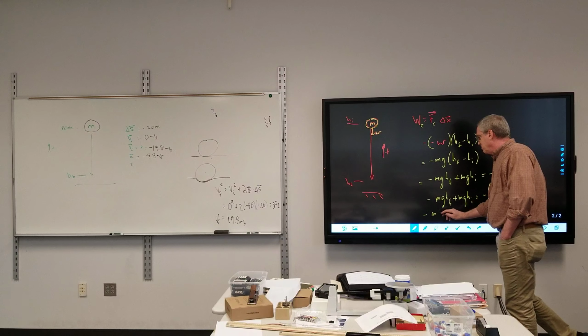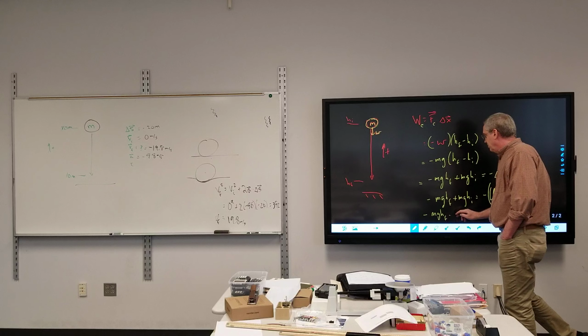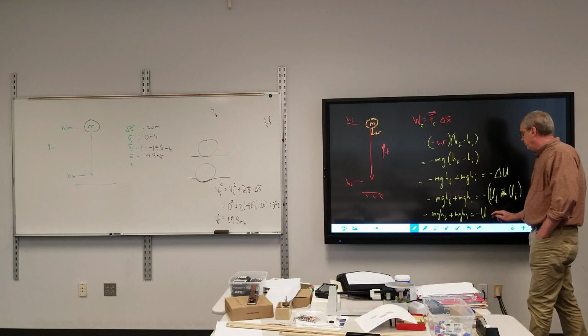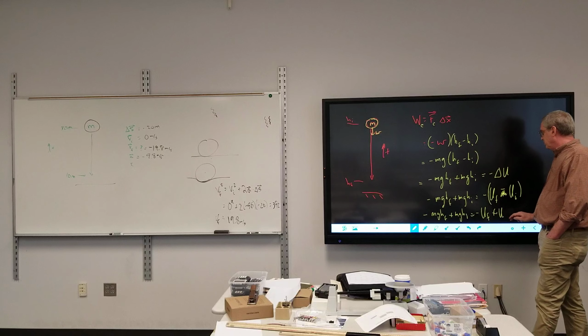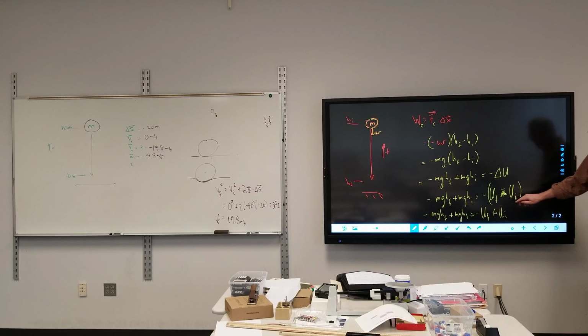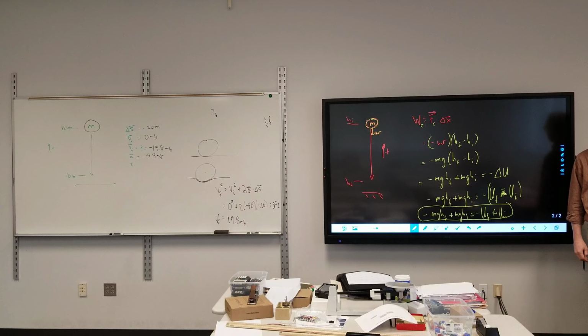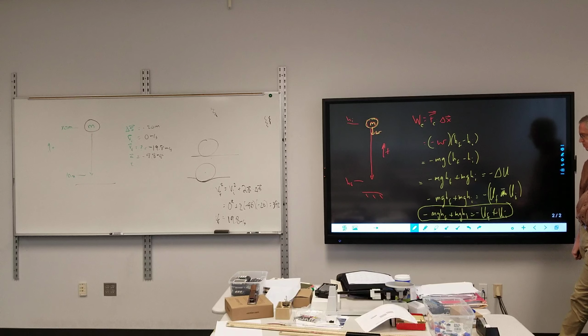So negative mgh final plus mgh initial is equal to negative u final plus u initial. This is what the energy relationships get us. Delta change is always final minus initial.